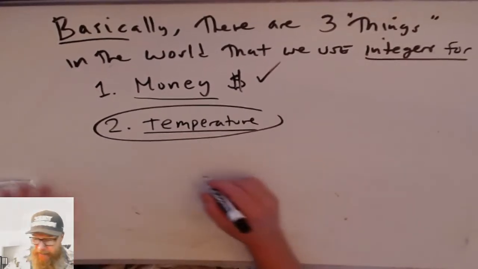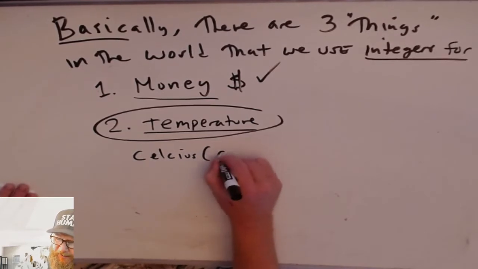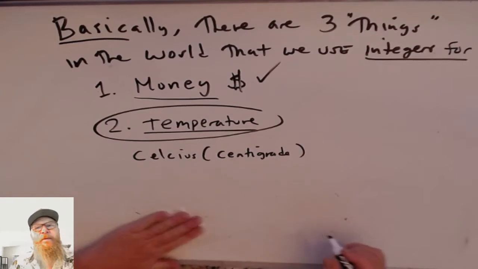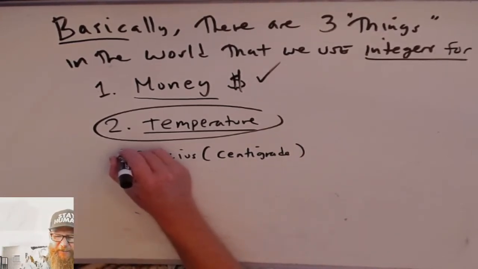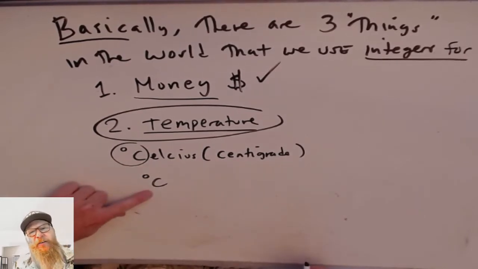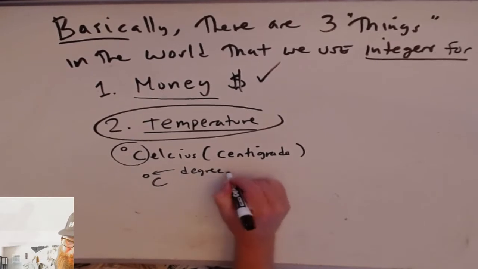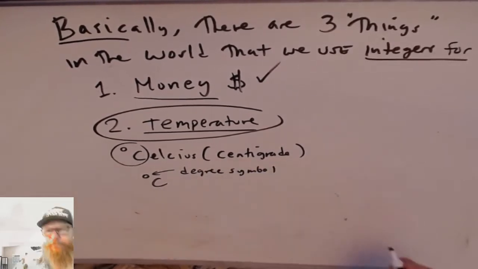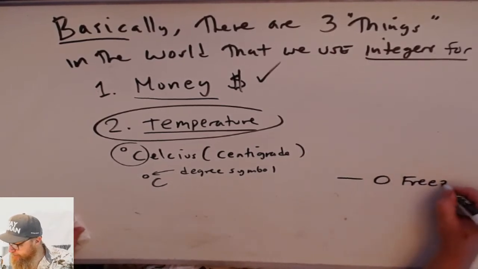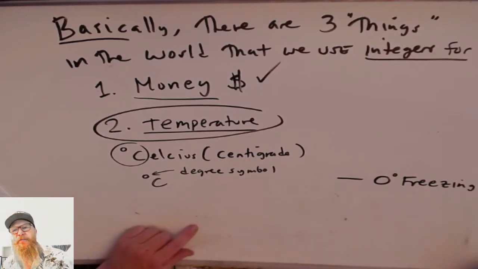So we talk about temperature. If you have Celsius, also called centigrade, and we have a degree symbol, so we call this degrees Celsius. 0 degrees is freezing.